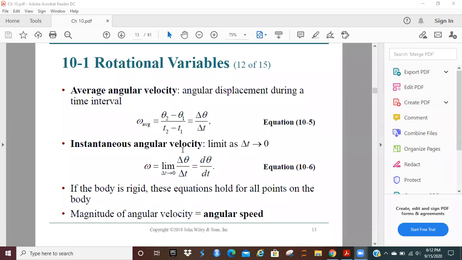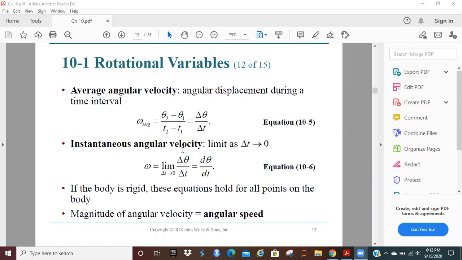So, average angular velocity. Angular displacement during a particular time interval, particularly if we're looking at the average here, is going to be expressed as the change in the angles divided by the change in time, change in theta divided by the change in t.